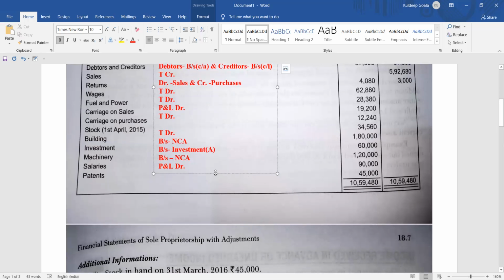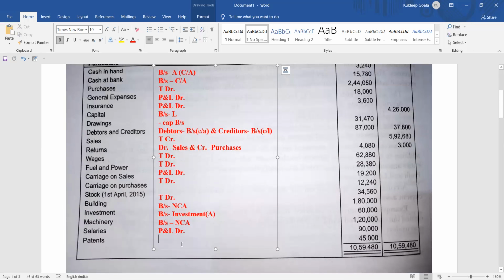At last, we have patent. We all know what a patent is. Patent refers to the formula or technique which we have purchased from someone, on which we purchase a formula or some technique for using it in our business and manufacturing something. Like a particular engineer has developed a formula using which an electric bike can be prepared.